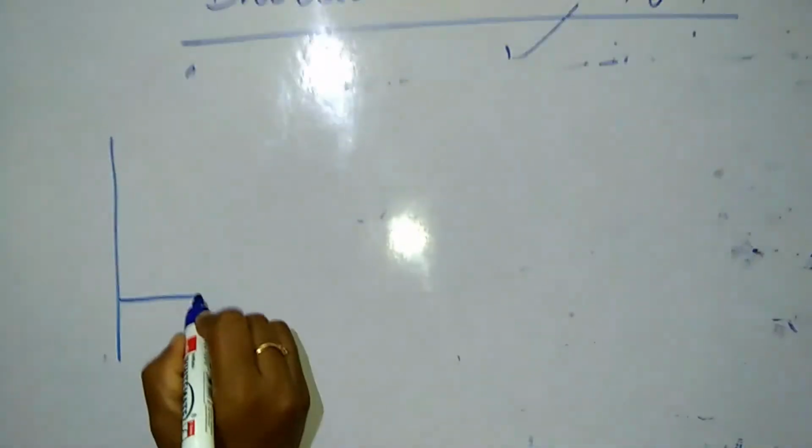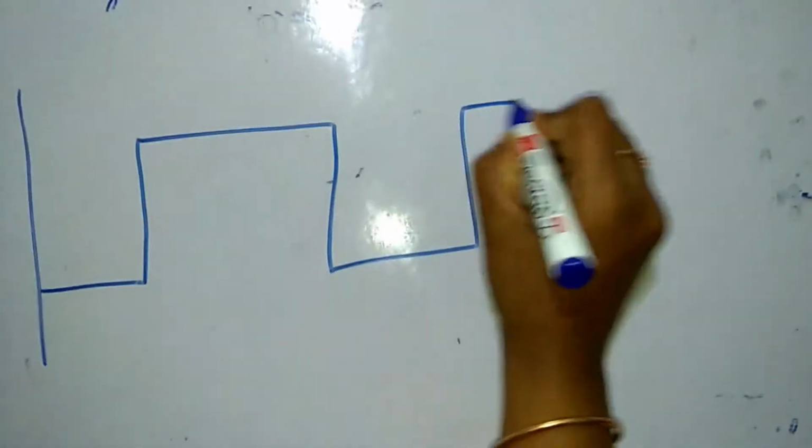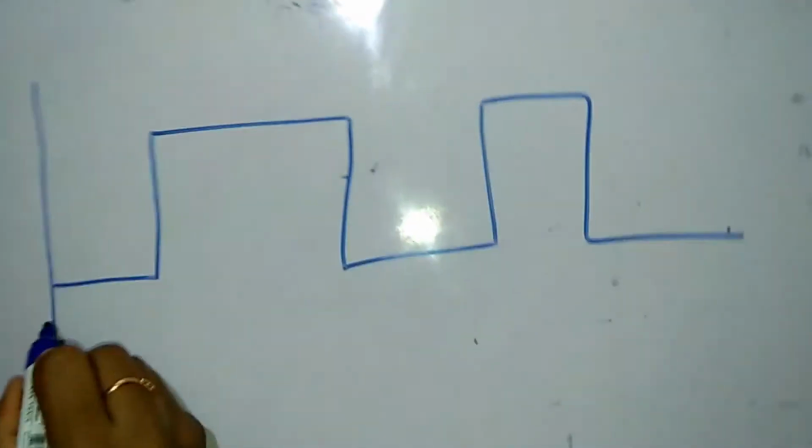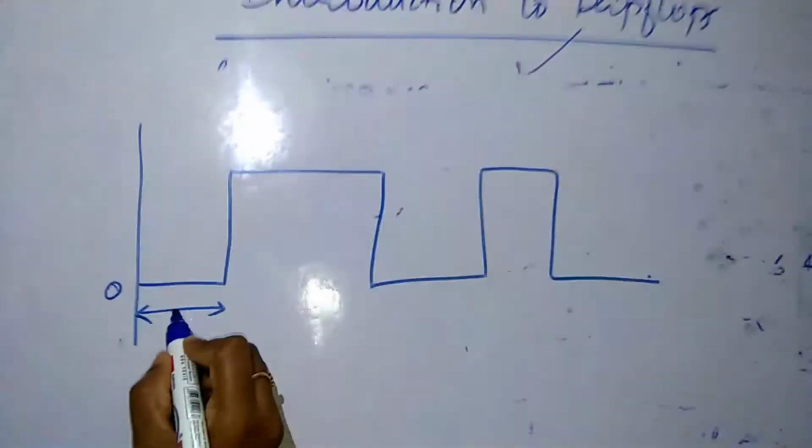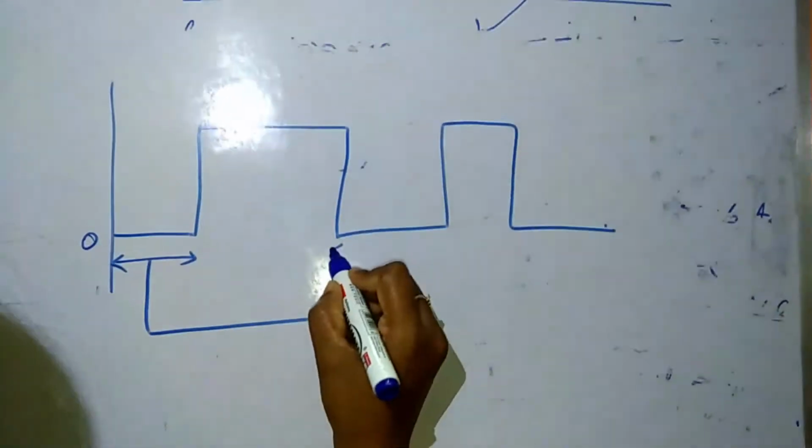Now let us see what negative level triggering is. I'll explain that with the diagram again. Negative level triggering is something like this. If you're considering a clock period, let this be 0, and let me consider this, and this again.